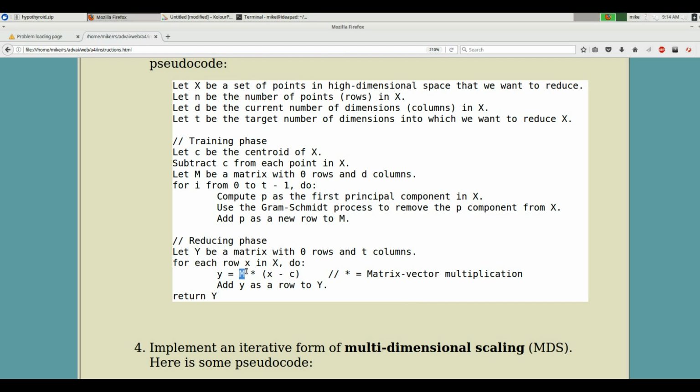Yeah, M is the matrix of principal components. So when you dot product your point minus its centroid with the principal components, that computes y, which is a reduced dimensionality version of your original data point. Is that kind of mind-boggling, or is it sufficiently clear?